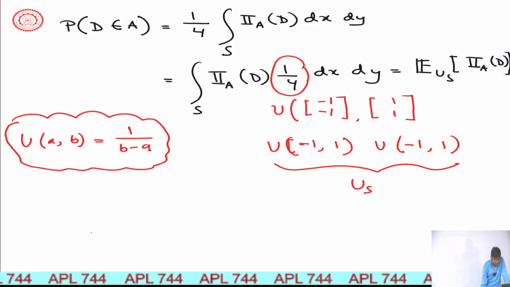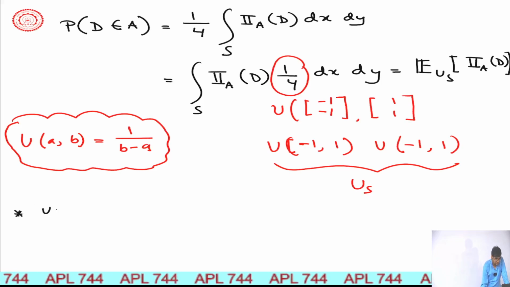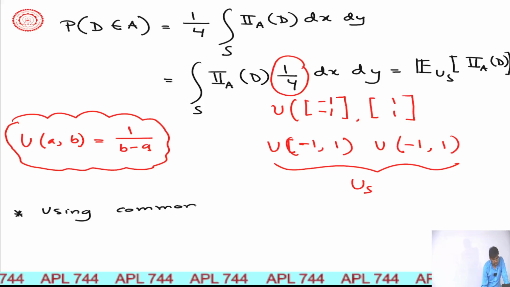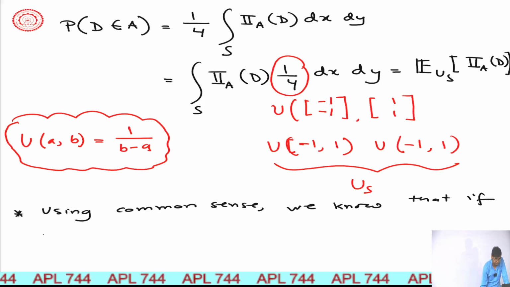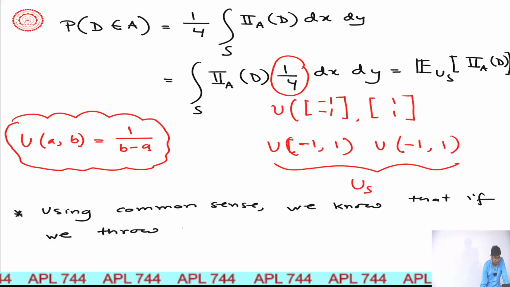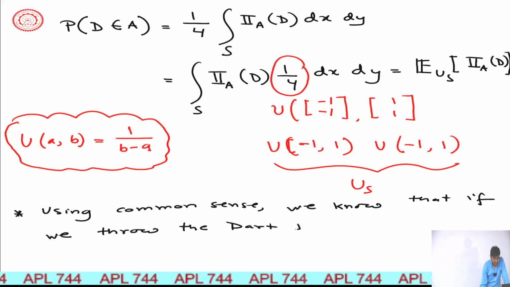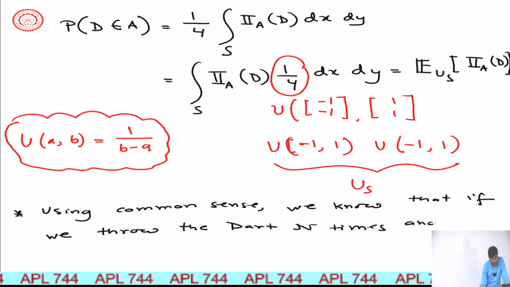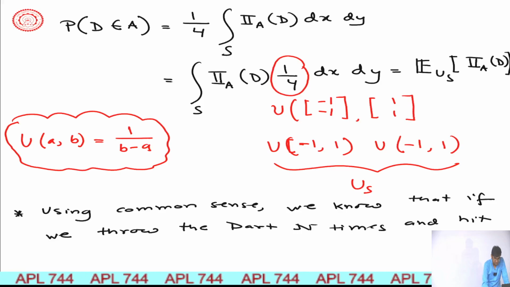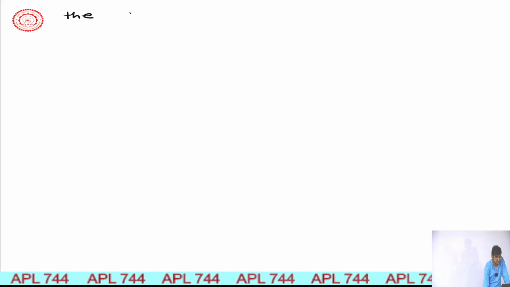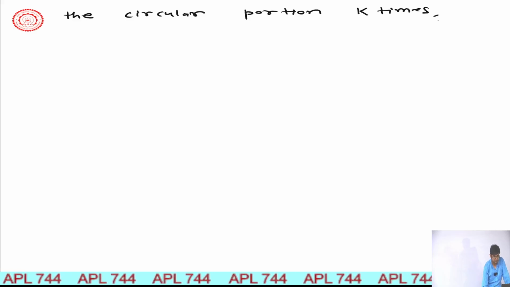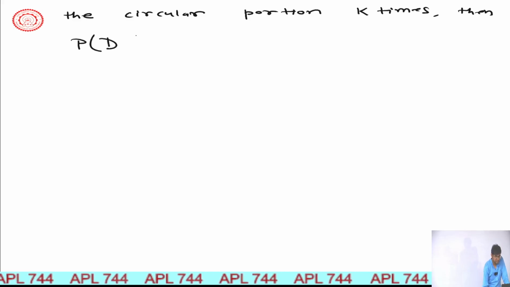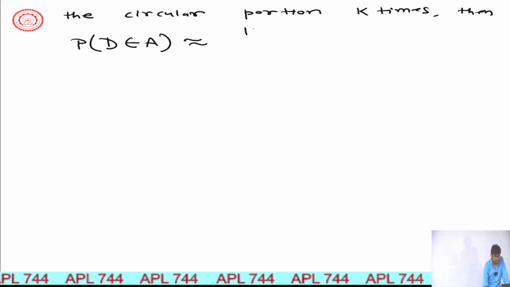So now, using common sense, we know that if we throw the dart n times and hit the circular portion k times, then the probability of the dart hitting the area is approximately equal to k by n.